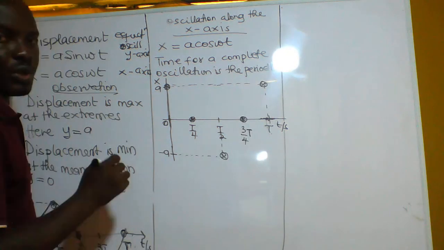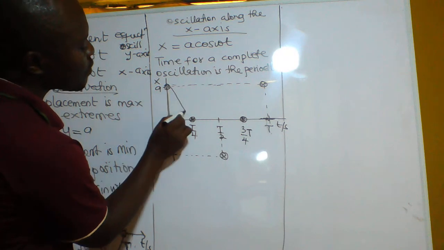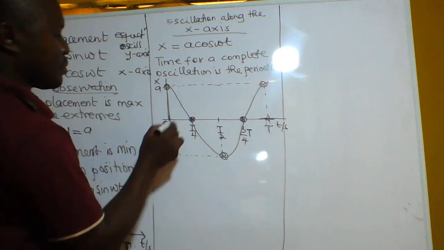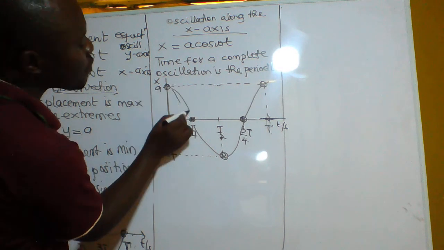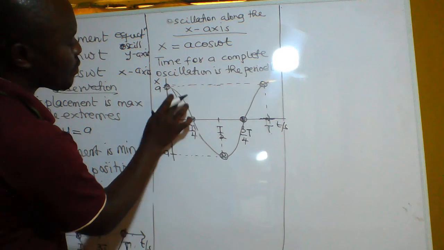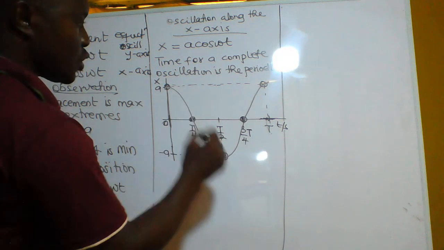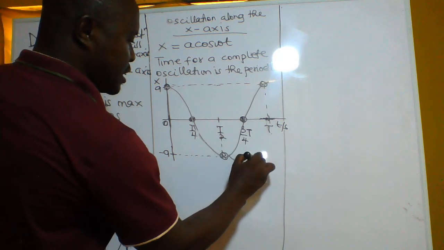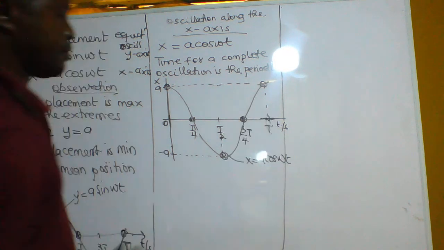So when we join the points, we have a graph showing that this is a cosine function. x is equal to A cos omega t.